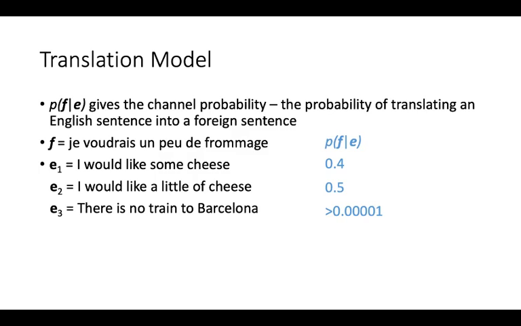We know that two of the possible translations, like I would like some trees and I would like a little of trees, are more likely than the third one. So the translation model will try to give a very low probability to this sentence.